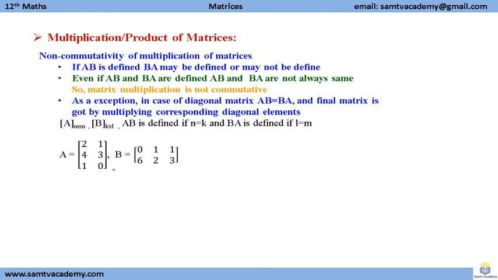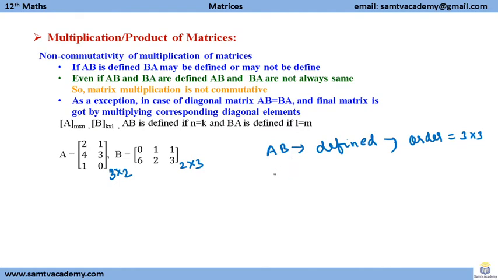Like this, if we take this example, the order of A is 3 by 2 and the order of B is 2 by 3. Here AB is defined, and the order of AB after multiplication will be 3 by 3.